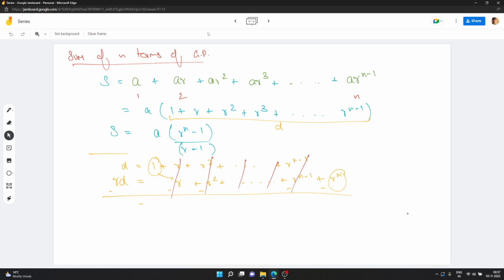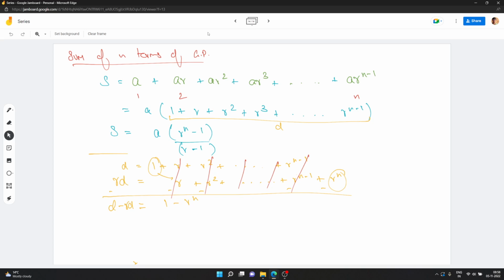So what you're getting is 1 minus r to the power of n on the right hand side. On the left hand side, it is d minus r times d.